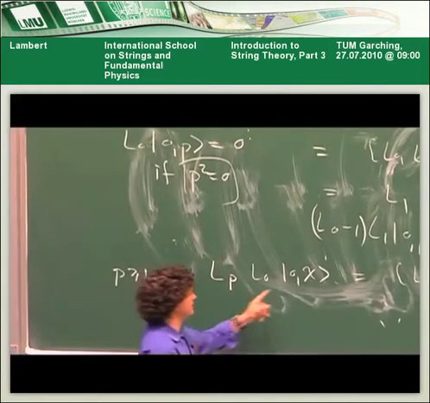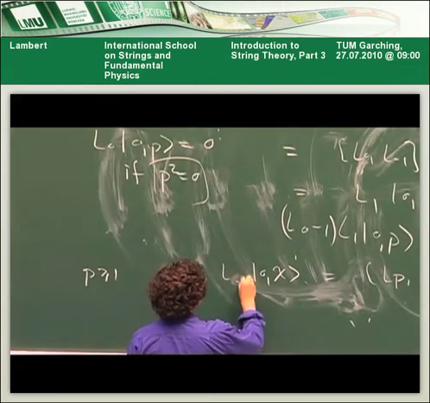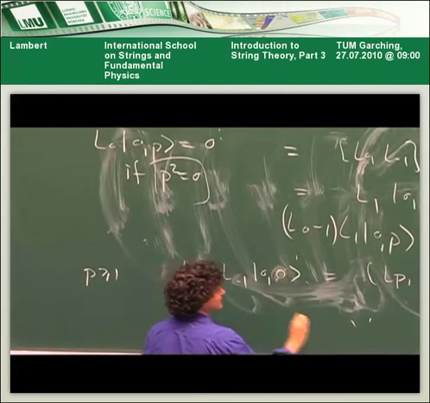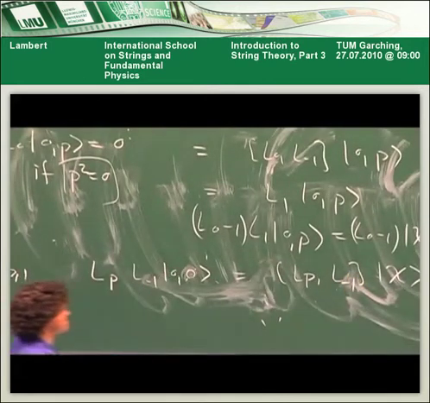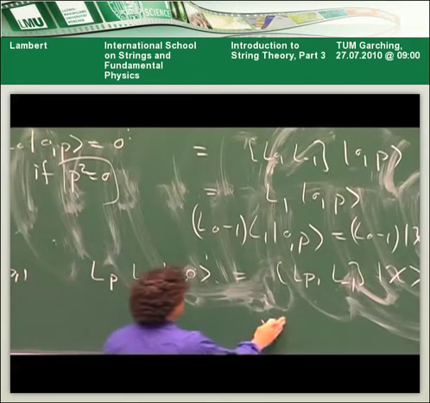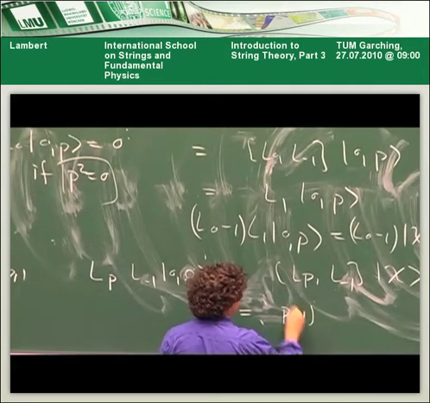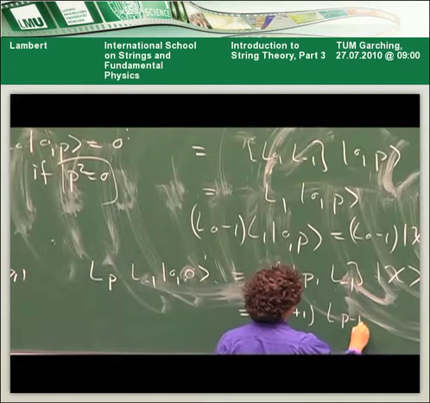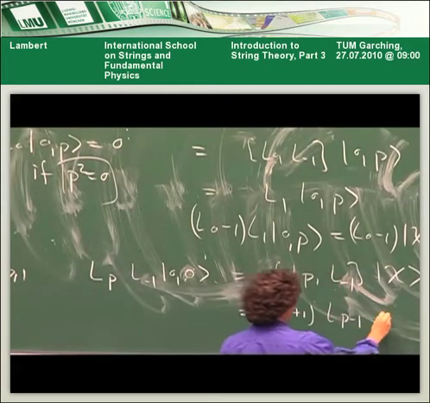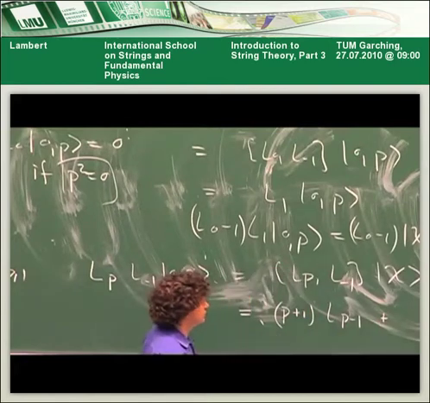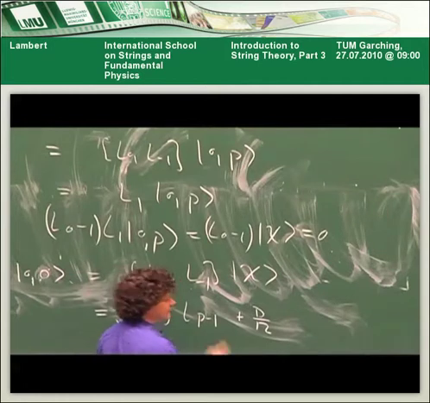So that automatically annihilates L minus 1 on the vacuum. Okay, so this is what? P plus 1 becomes LP minus 1. And then there is a potential term from the central charge when P equals 1.